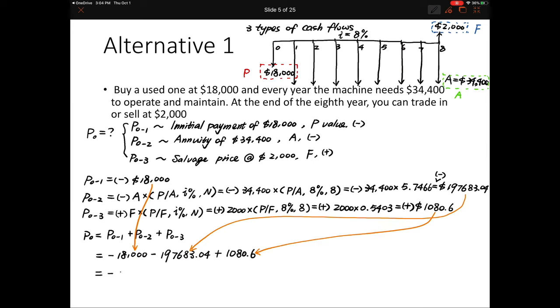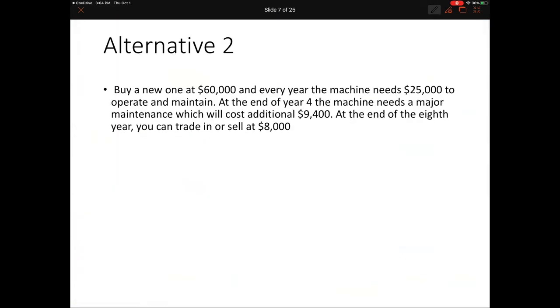The total value is gonna be negative 214,602.44. So that is the actual cost for all those cash flows. Okay? And that cost is something you want to compare with the other option.